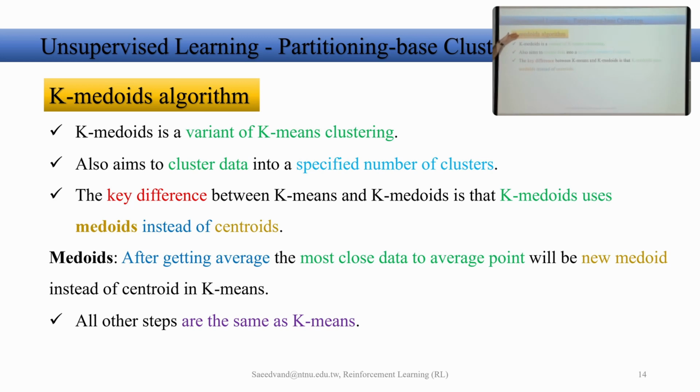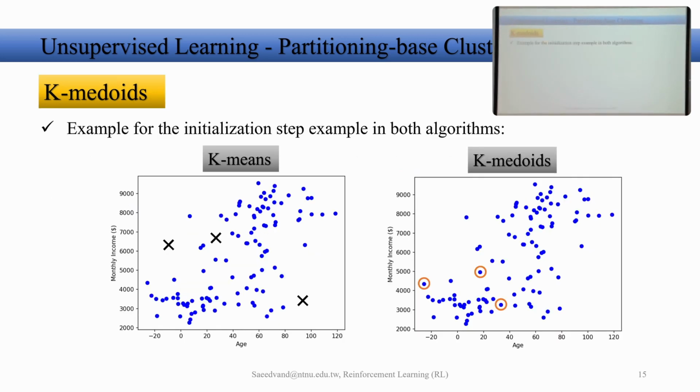So in the K-medoid algorithm, the key difference is that we change centroid to medoid. And after getting the average, the data point closest to the average will be the medoid, as I explained on the whiteboard over there for you. All the other steps are the same. We don't change anything else.